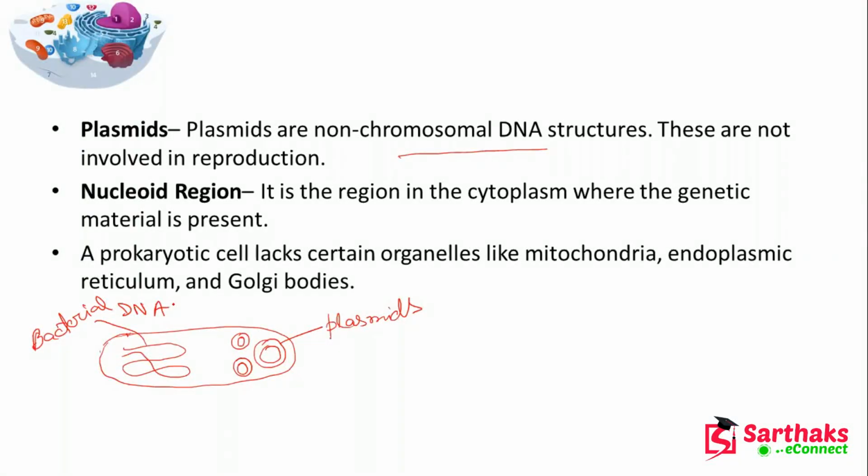Now the nucleoid region. This is the region in the cytoplasm where the genetic material is present. The prokaryotic cell lacks certain organelles like mitochondria, endoplasmic reticulum, and Golgi bodies.